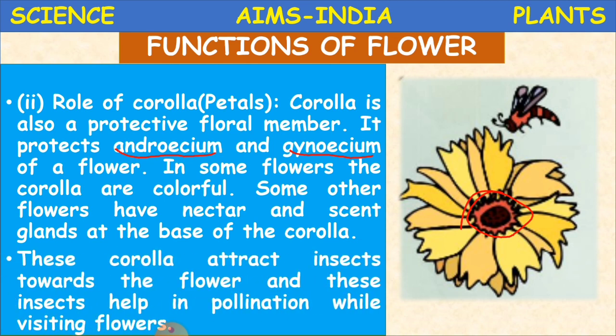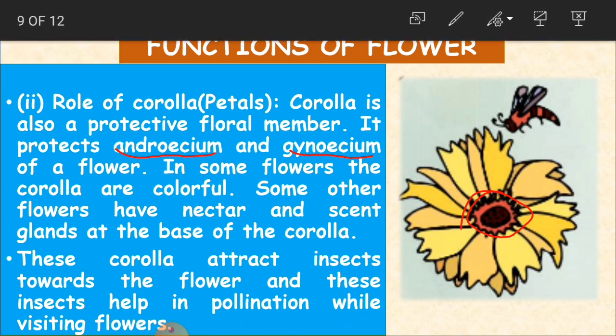Okay children, so what happens because of these? The corolla attracts insects towards the flower, and these insects help in pollination while visiting flowers. So the corolla is attracting insects because of this nectar and scent glands. Nectar is a sweet type of syrup which the birds or the insects would like to have, and they also get attracted by the good, scent-like smell of the flowers.